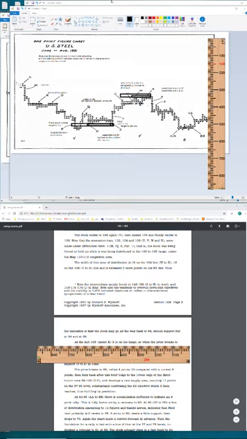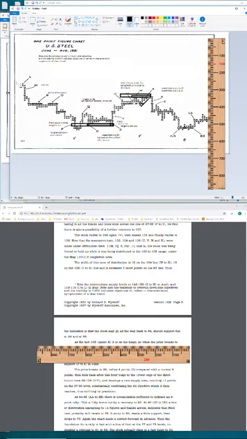So now you have a hinge. You can very clearly see that formation right here.